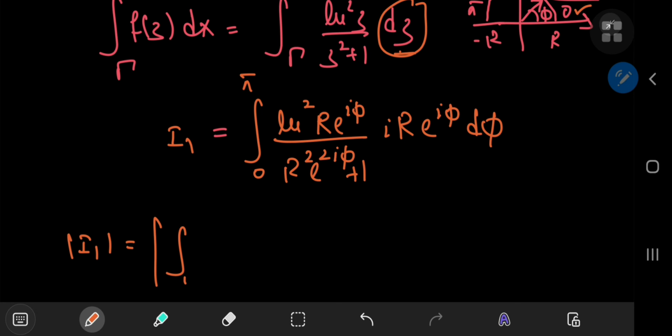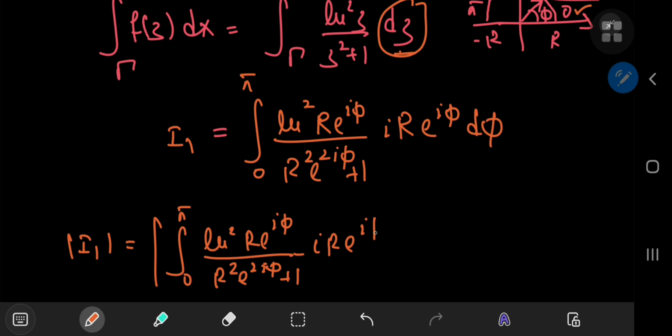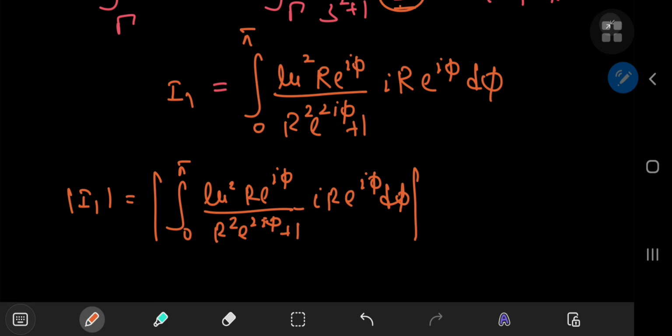So the absolute value of the integral from 0 to pi of the square of the natural log of r times e to the i phi divided by r squared e to the 2i phi plus 1 times i r e to the i phi d phi. That's a lot of things to say.